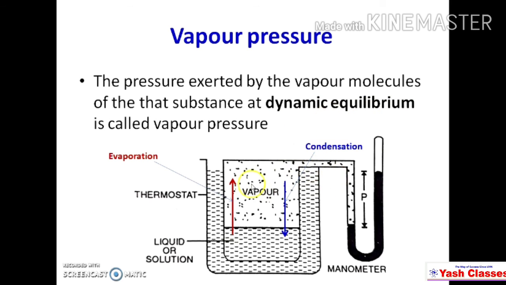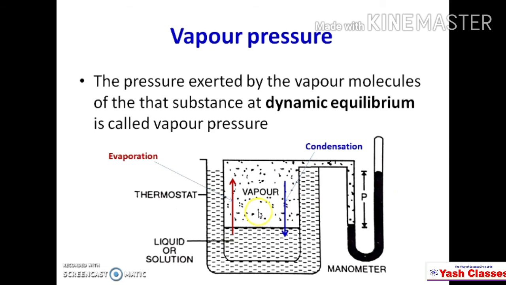Again, the vapor pressure of a liquid is measured by using a manometer. So this is the manometer tube. When liquid is placed in this container or vessel, in the beginning, the level of mercury, this black colored area, is the same in both arms.